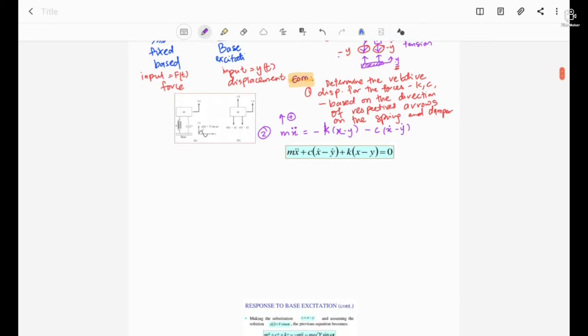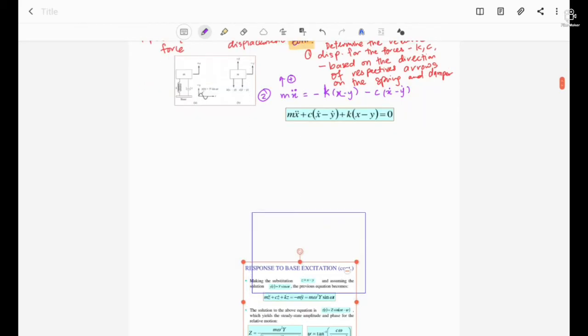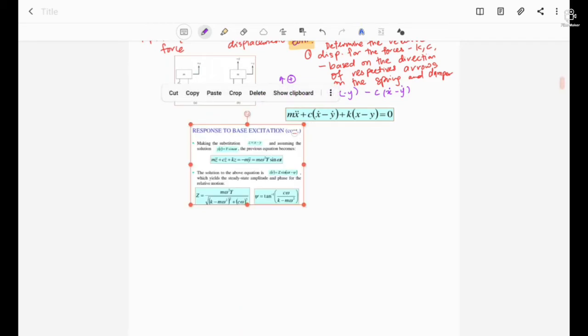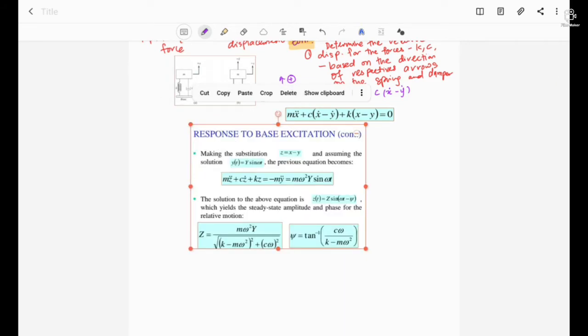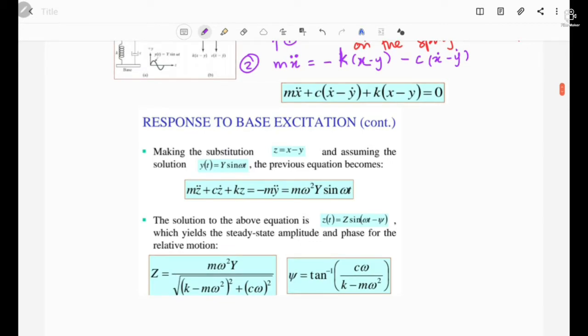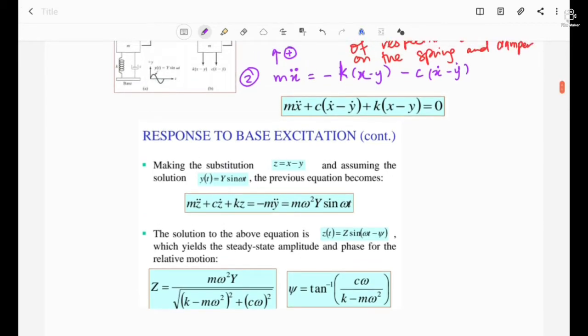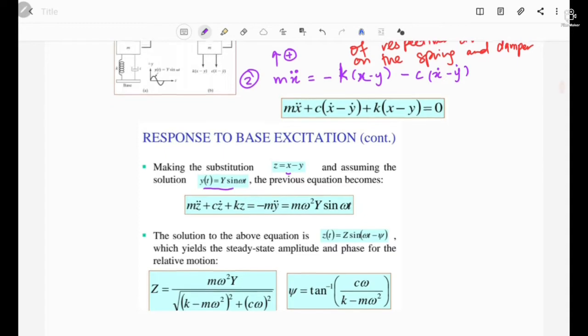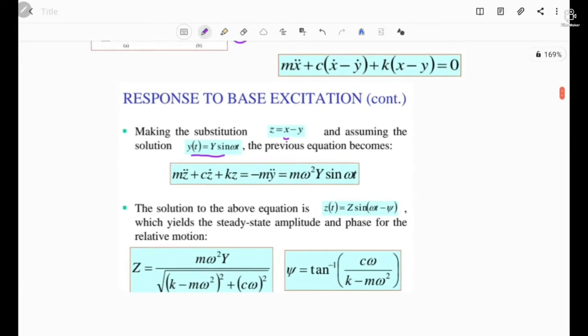Alright, if you rearrange or you substitute with another variable, what we call z, because you have a relative displacement of x minus y, then you can define x minus y equals z and assume the solution of harmonic motion.